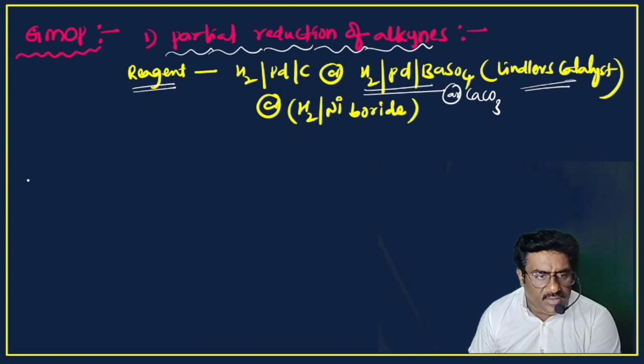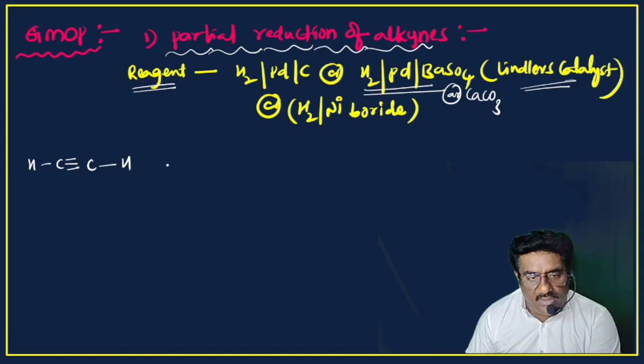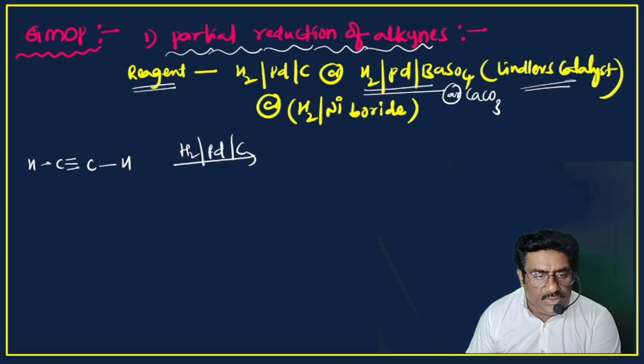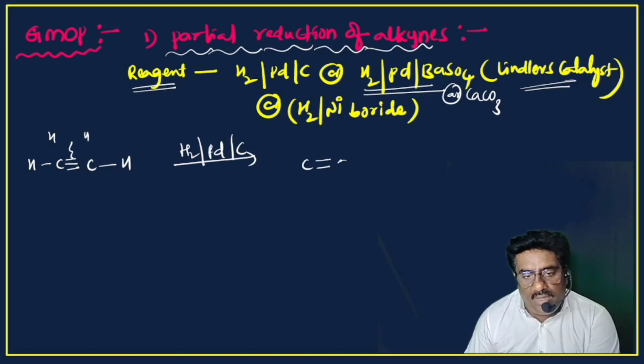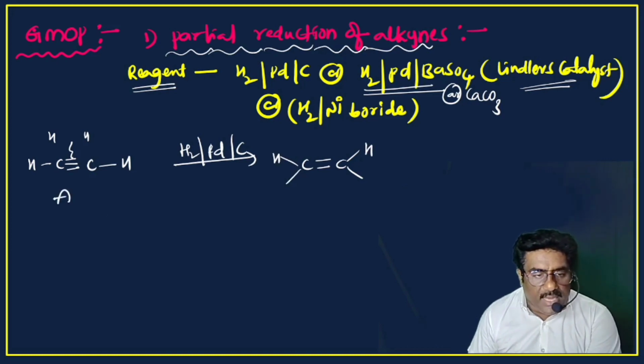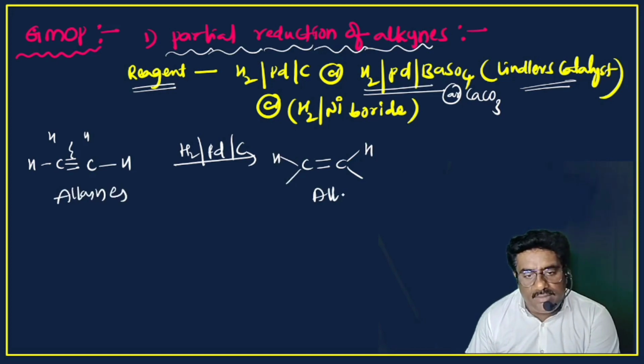For example, carbon triple bonded with carbon in presence of H2 gas, palladium with carbon. Here the pi bond breaks, keeping hydrogens. It forms a carbon-carbon double bond. Alkenes are formed from alkynes.